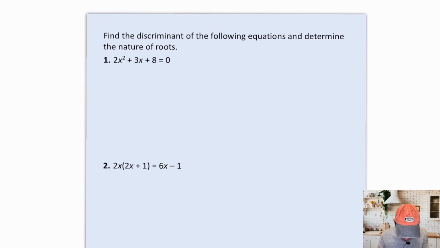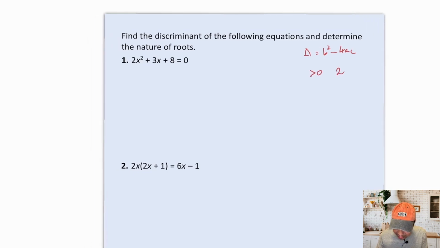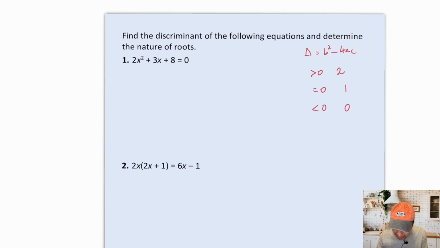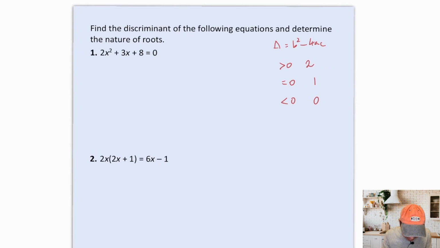The discriminant, which I write on the right hand side, is equal to b squared minus 4ac. If the result is bigger than 0, two real roots; equal to 0, one real root; and less than 0, no real roots. So the discriminant of number 1 is 3 squared minus 4 times 2 times 8.